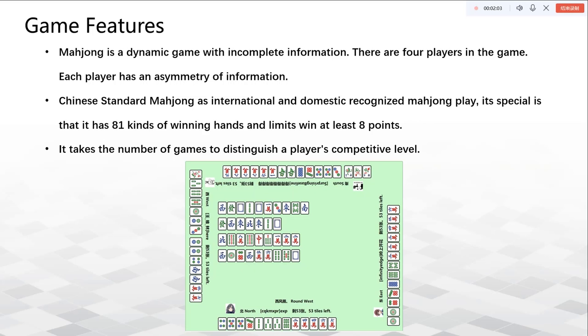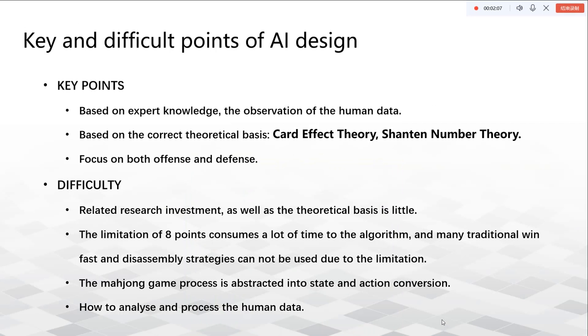Then we introduce the key and difficult points of AI design. In the key points of our design, our algorithm is based on expert knowledge. We observed a lot of human data provided, and then discovered tips for increasing your chances of winning the game.